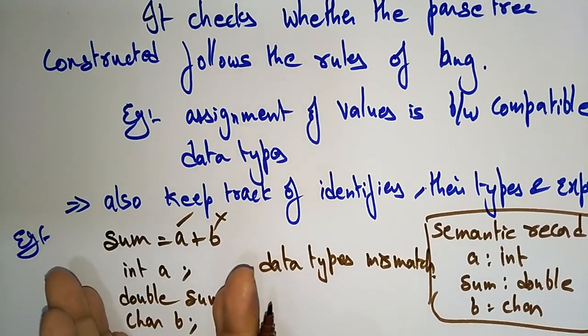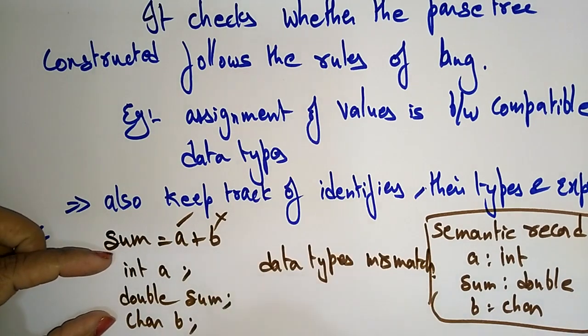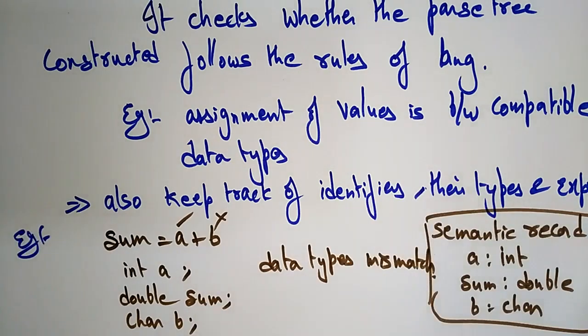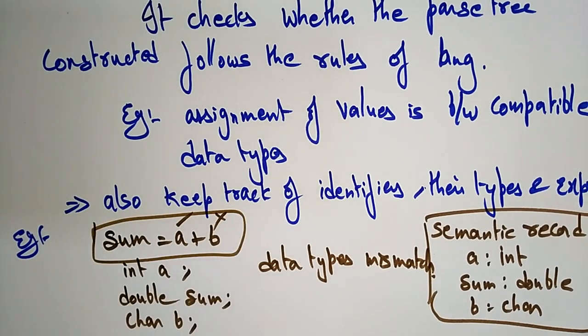It is syntactically correct but semantically incorrect. Syntactically means the representation you can represent in the parse tree. So whatever data types and variables you are using, whether they mismatch or whatever it may be, the equation you can represent in the parse tree.